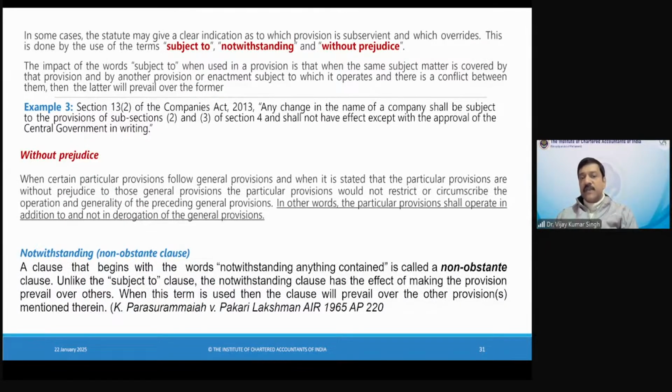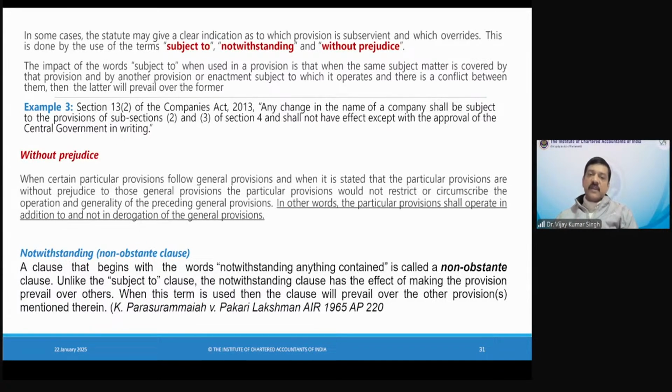Section 13(2) of the Companies Act 2013 says any change in the name of a company shall be subject to the provisions of subsections 2 and 3 of section 4 and shall not have effect except with the approval of the central government in writing.